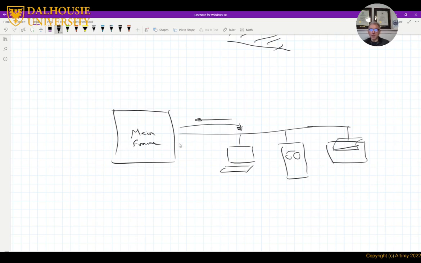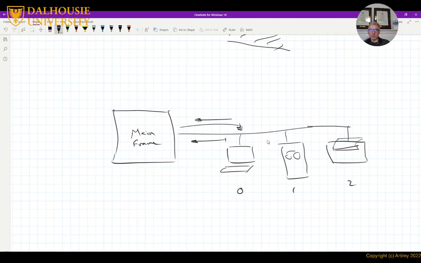The mainframe needs to communicate with these peripherals, so they need to be addressed. We can address them by giving them 0, 1, 2. So that's the address. When they communicate back, the peripherals usually don't talk to each other directly.